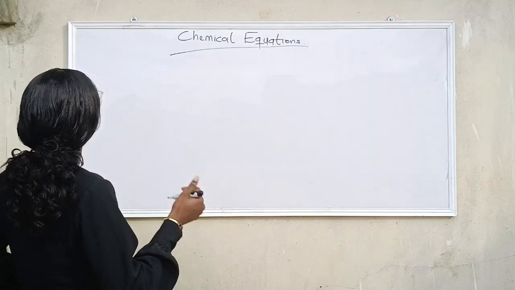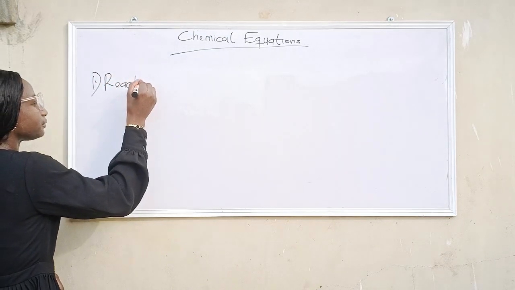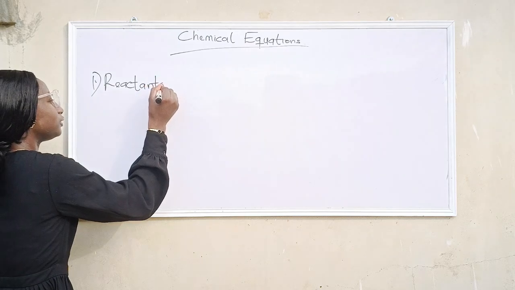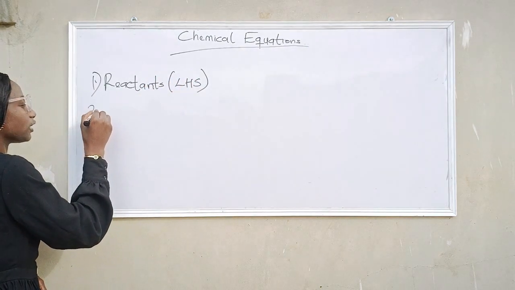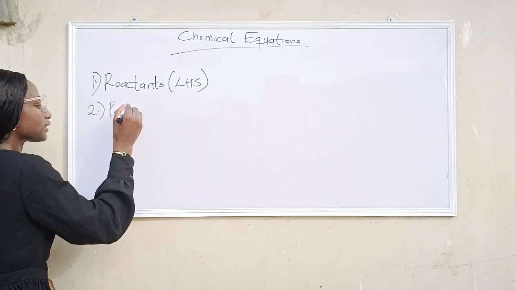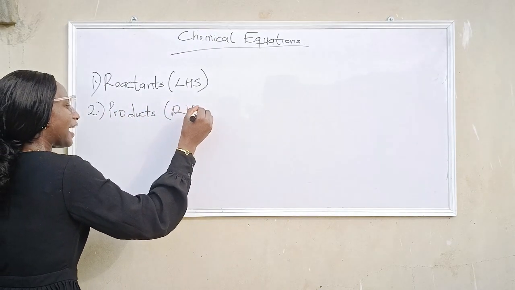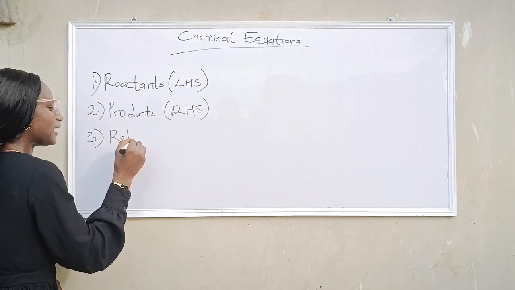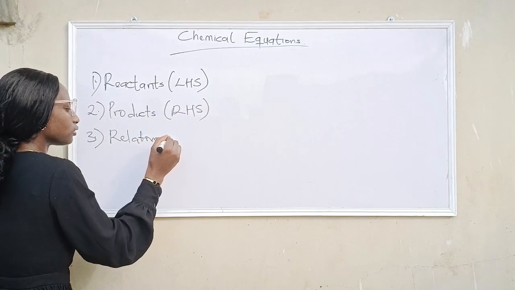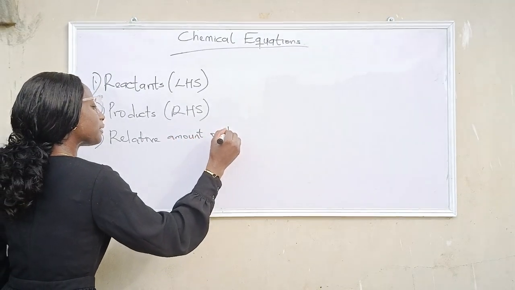The first one is the reactant, which is always at the left hand side of the chemical equation. The second one is the product. This is always at the right hand side. Another thing you can tell is the relative amount of the substances.